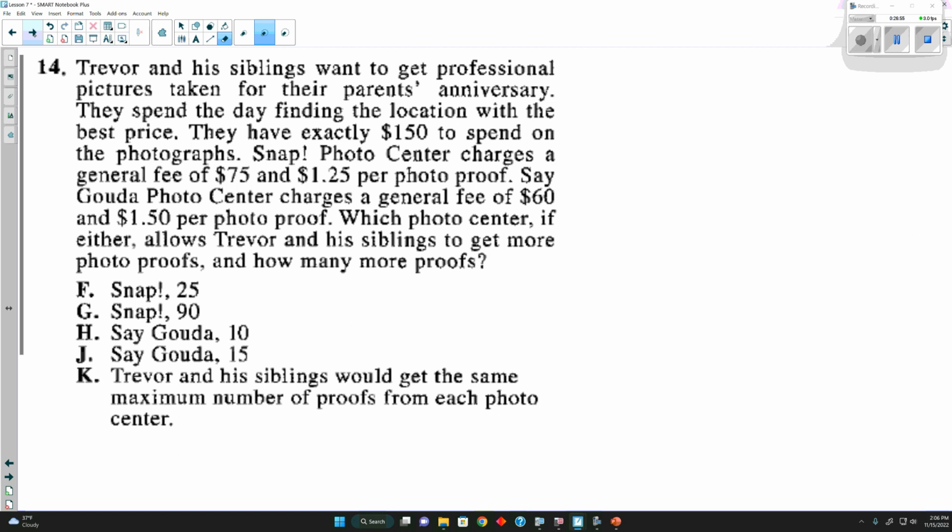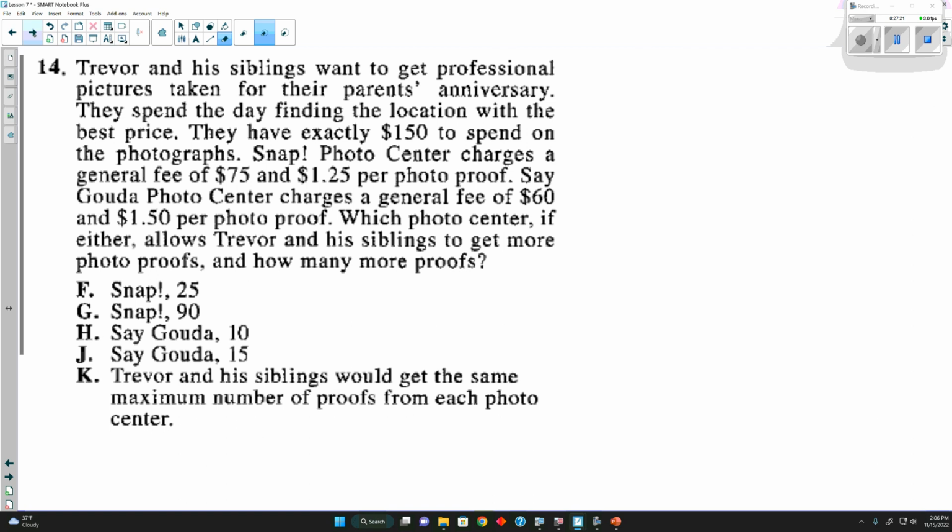Snap Photo Center charges a general fee of $75 and $1.25 per photo proof. Say Gouda Photo Center charges a general fee of $60 and $1.50 per photo proof. Which photo center, if either, allows Trevor and his siblings to get more photo proofs, and how many more?